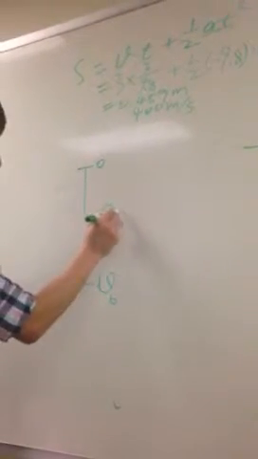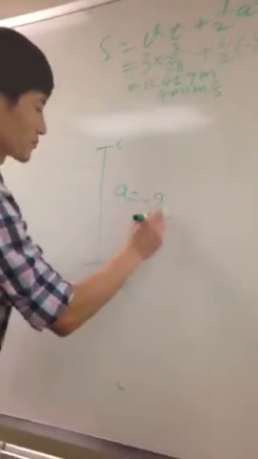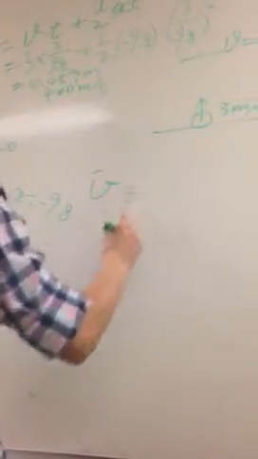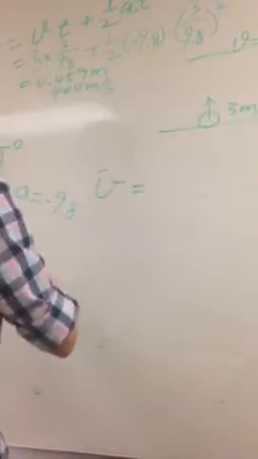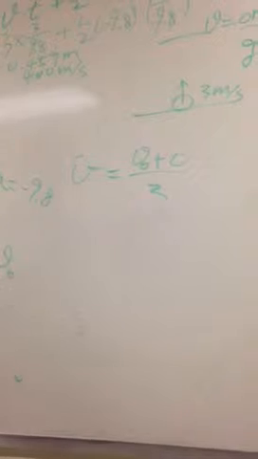If the acceleration is constant, the average velocity will be the initial velocity plus the final velocity divided by 2, the average of these 2 points.